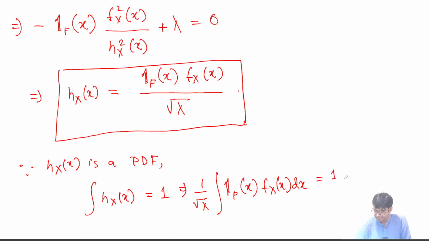What is this integration equal to? This you should be able to tell. Excluding 1 by root lambda, what is this integration? And what is the expectation of I? Think about it.